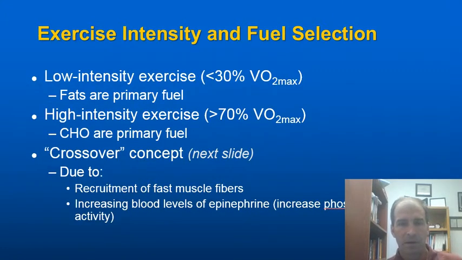Well, here's the benefit. We know that during different types of activities and different intensities and durations of activities, we actually prefer one type of substrate over another. So generally speaking, and I'll be very general on this, during low intensity exercise, less than 30% of VO2 max, we generally primarily like to use fatty acids to form that ATP.